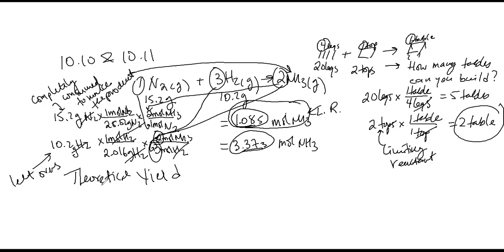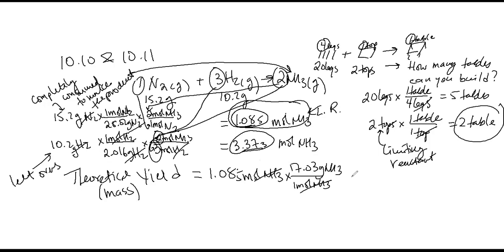And so theoretical yield, I'm going to put here, mass will be in grams, and that will be found by converting the moles of NH3 based on the limiting reactant, at 15.2 grams, into mass. 1 mole of NH3 is 17.03 grams of NH3, which is just the molar mass of NH3.